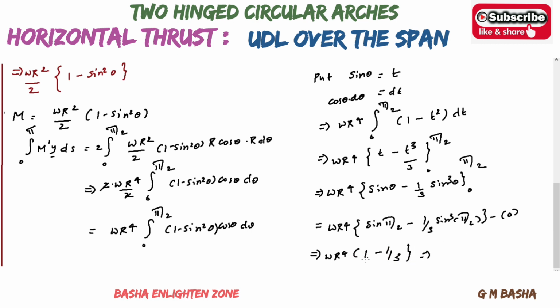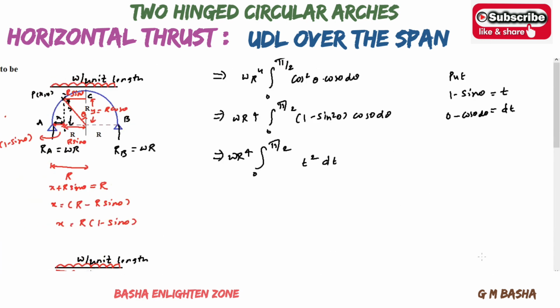Again (3 minus 1) by 3, that will be equal to 2 by 3, so 2 W r power 4 by 3. So this is the numerator part, that is the integral of M dash y ds, that one will be equal to 2 W r power 4 by 3. Then move to the denominator part.